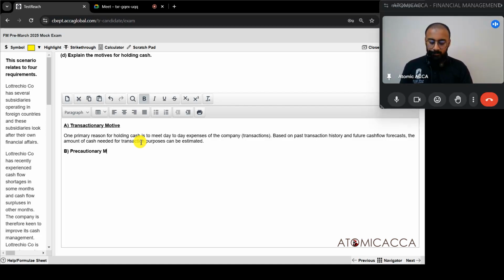Second issue was about precautionary motive. Precautionary motive means holding it for emergency.